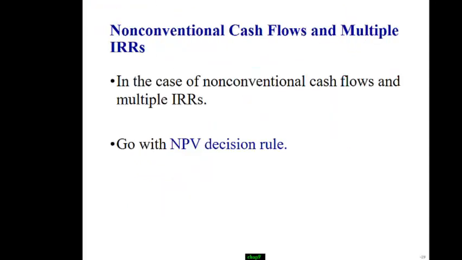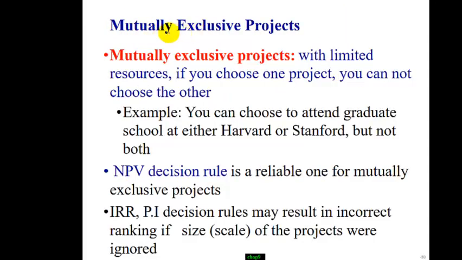Another situation where IRR may make a mistake is when ranking mutually exclusive projects. This means you have only a limited budget. You have $20 million, and you are able to spend only $20 million. So you cannot pick every project if you wish. It's the same as coming to school to study: you cannot also go to a full-time job.